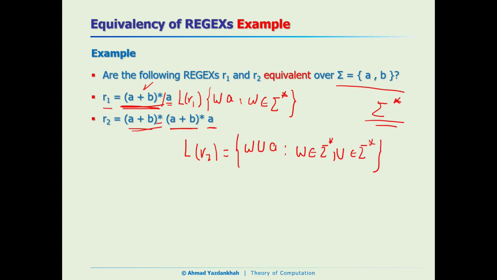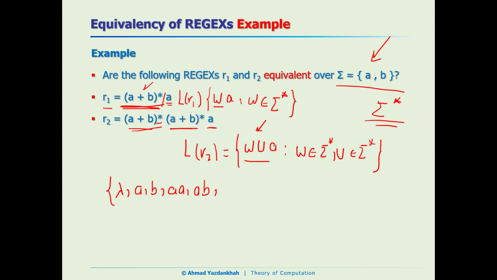Are these two languages equivalent? We can think about this. Here we have two sets that are being concatenated. What sets are they? W is everything over this, right? So if we enumerate the W that is sigma star, it will be lambda, A, B, AA, AB.